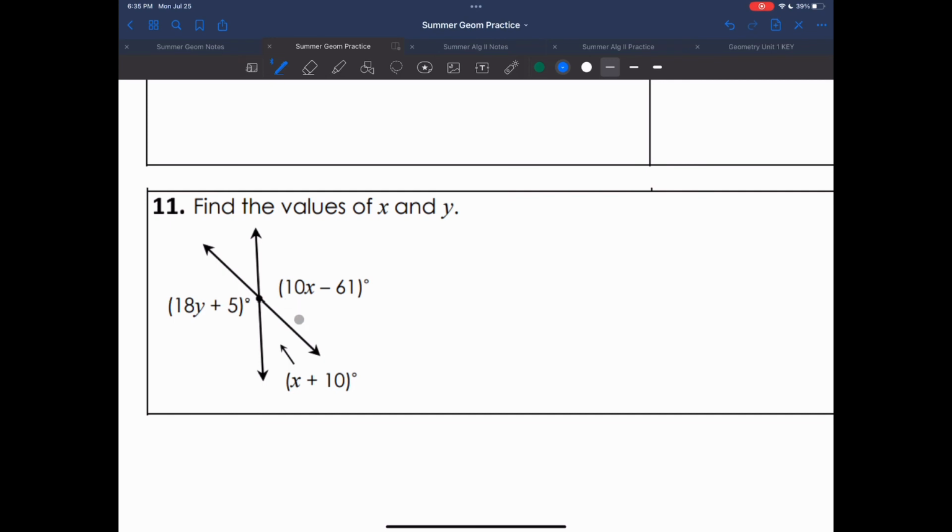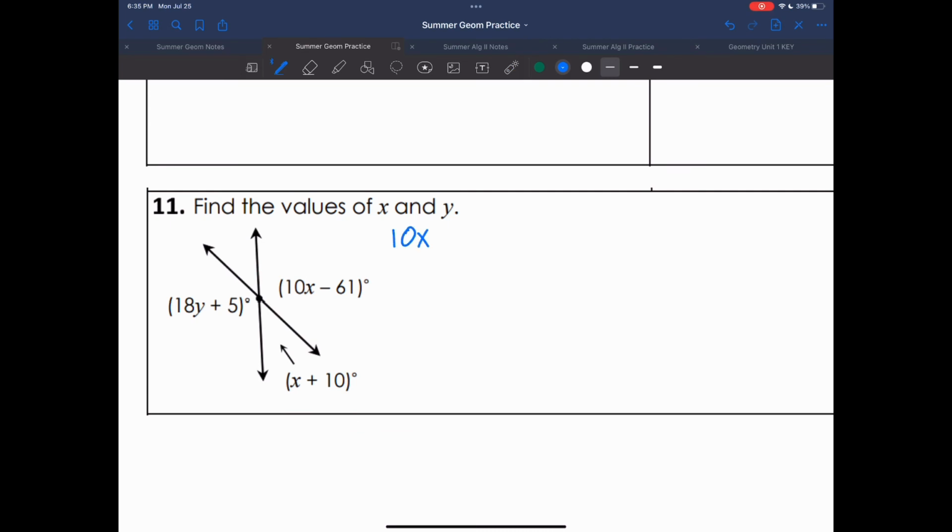So let's see if there's an easier way to set up an equation here. We'll take a look at maybe this angle and this angle. Now they're not vertical, so they're not equal, but they are a linear pair because they're on a line, which means I can take this and add it to this and set those equal to 180 degrees. And that's going to be better because they both just have x variables in them. So let's start with that.